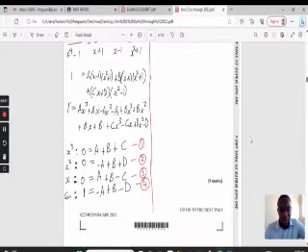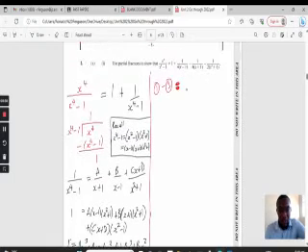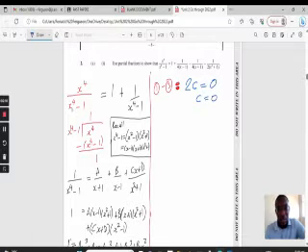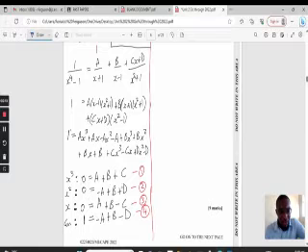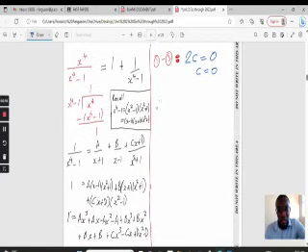So we had gotten up to this point. From equation 1 minus equation 3, the a would cancel the a, the b cancel the b, then c minus minus c is 2c, so 2c is equal to 0, so c is just 0. Then now we can look at equation 2 minus equation 4.